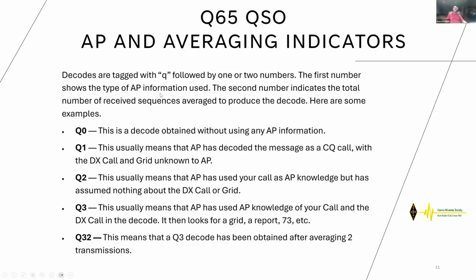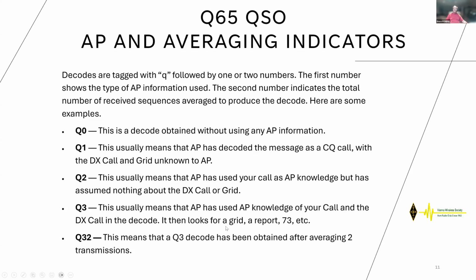So the Q numbers: Q0 means no a priori. Q1 means that it was looking for a CQ and it found a CQ. Q2 means that it uses your call. It's matching on your call being called by the other guy. And Q3 means that it's using knowledge of your call and the DX call.